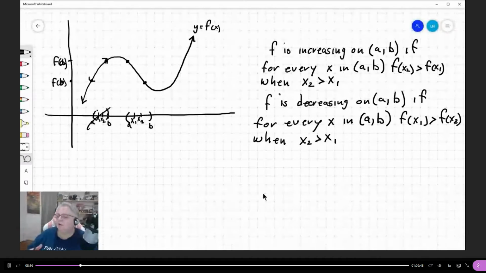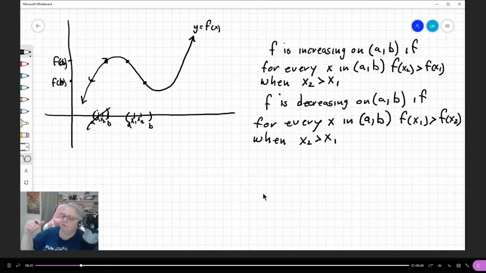Again, as x increases, the values of f of x decrease.